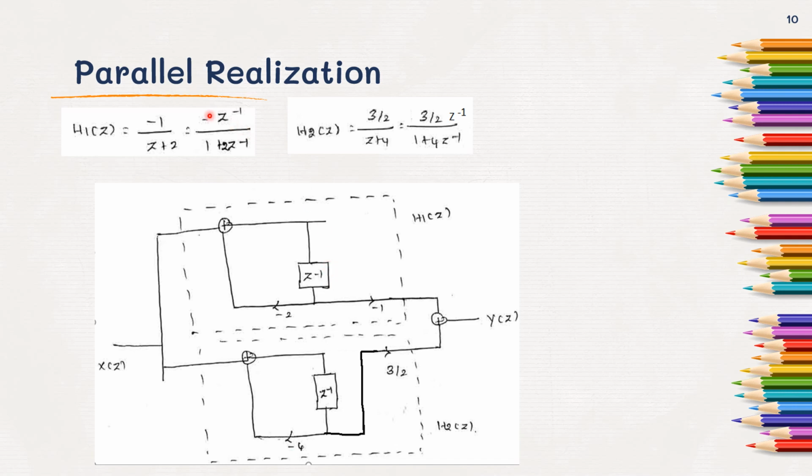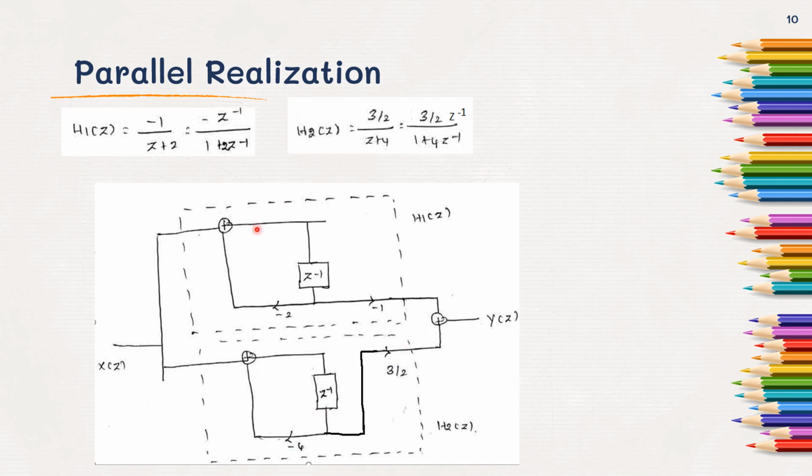Numerator coefficient on the right hand side and denominator coefficients on the left hand side. So here the numerator coefficient is minus 1, it's coming here. And the denominator coefficient, this 1 will come here and plus 2 will come as minus 2 here. Coming on to this one, 3 by 2 into z inverse. Denominator will be 1 plus 4 z inverse. So 1 will come here and plus 4 will be minus 4.